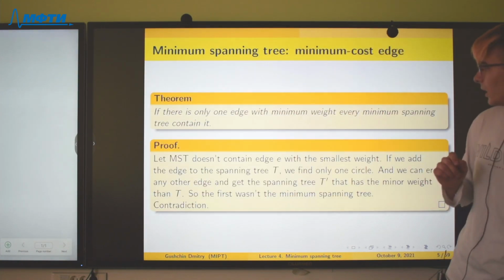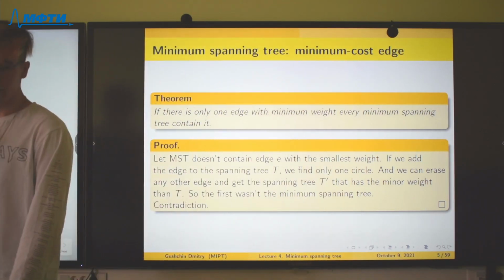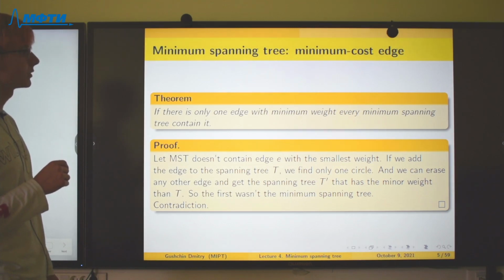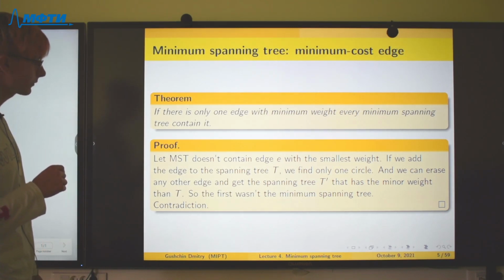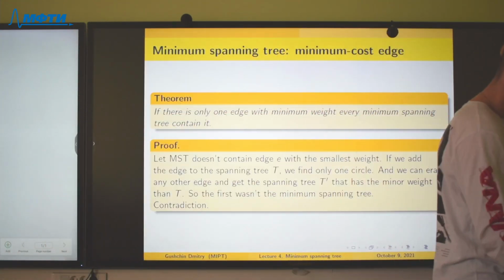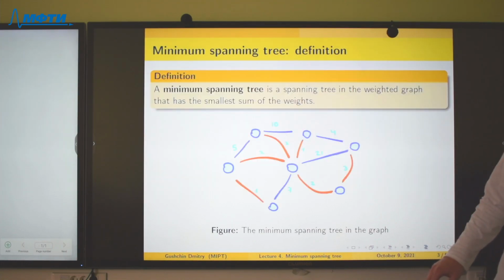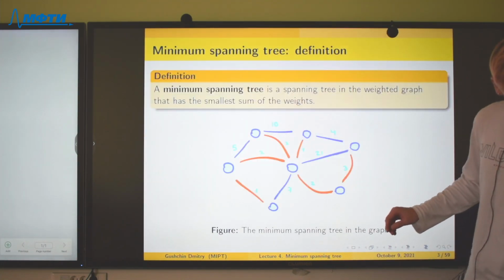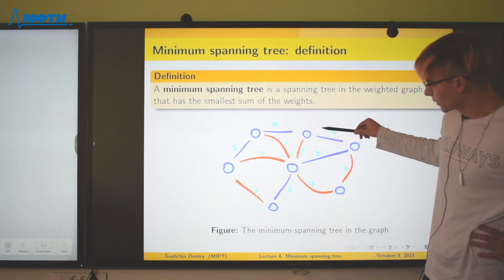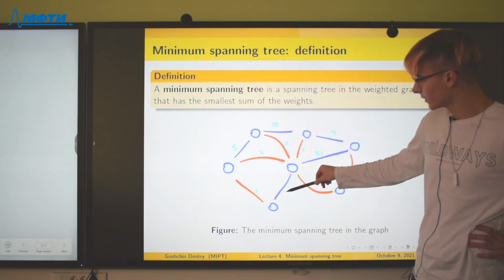So, firstly, we'll talk about some properties of minimal spanning trees, and firstly about the minimum cost edge. For example, on the previous slide, we can see that in this graph we have two edges with the minimal weight. This is the first and this is the second.